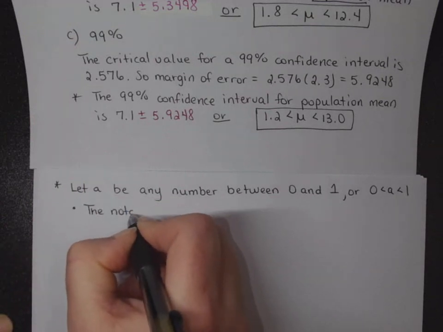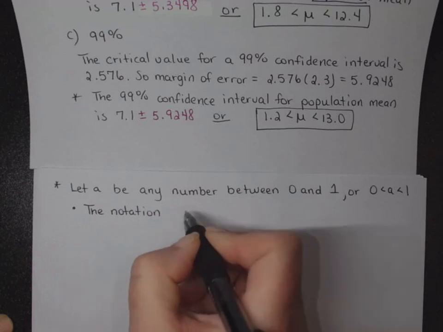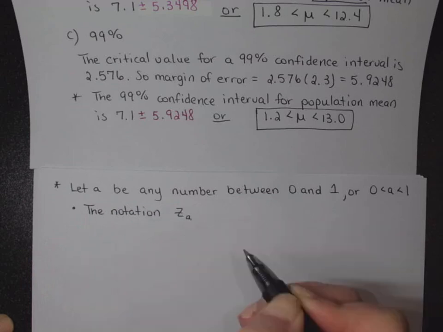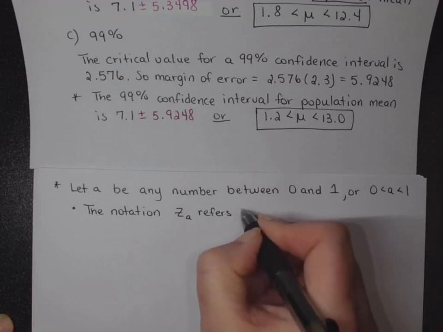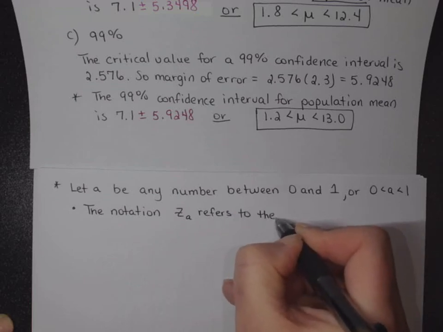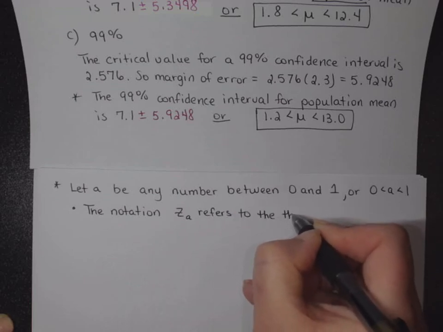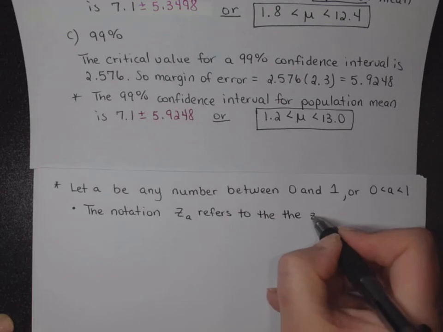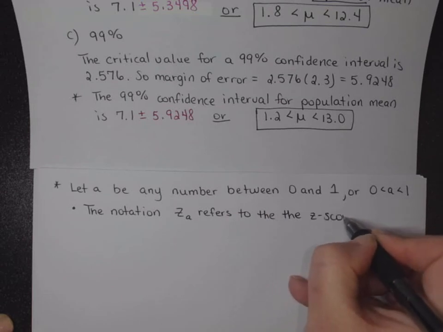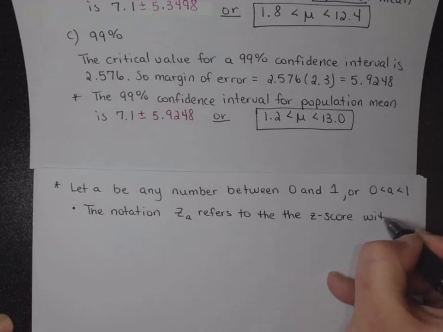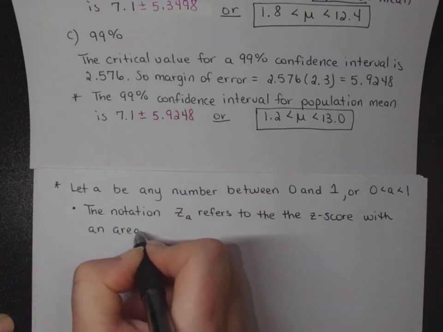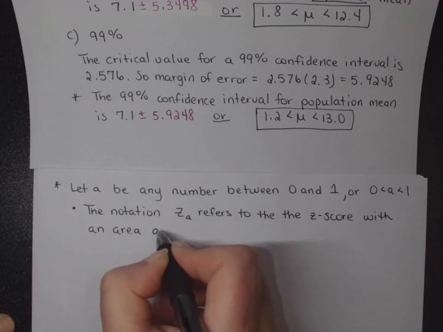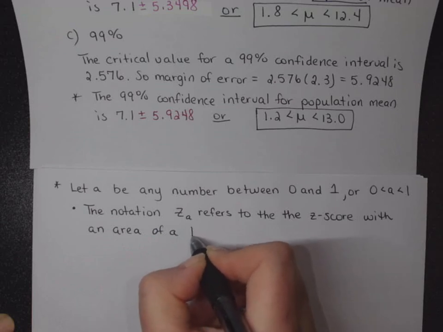Then if you see the notation Z with a subscript of A, it refers to the z-score with an area of A to its right.